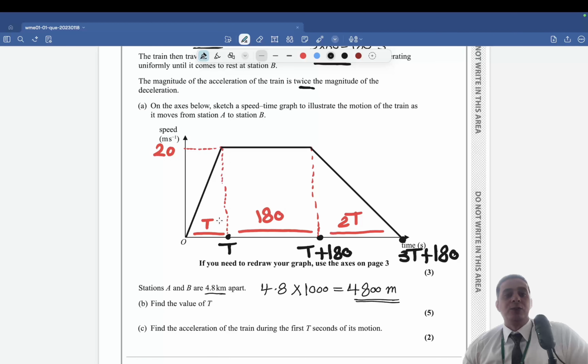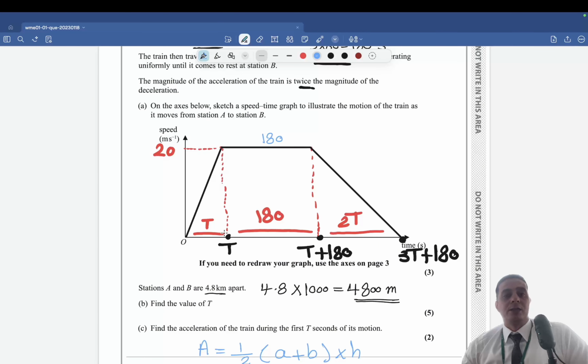I can split it into two triangles and one rectangle, or I can just do it as one full trapezium. The area for the trapezium is 1 over 2 brackets a plus b multiplied by height. A and b are the two parallel lines. That line here equals 180, and that one here equals 3t plus 180.